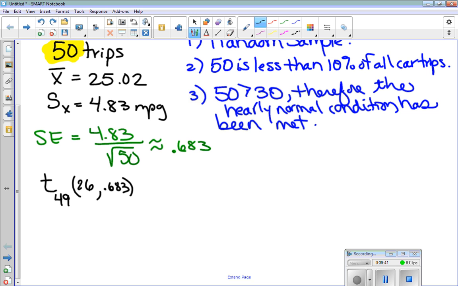All right, so where are we? Found the standard error. We need to find the test statistic. The test statistic is found by doing what?